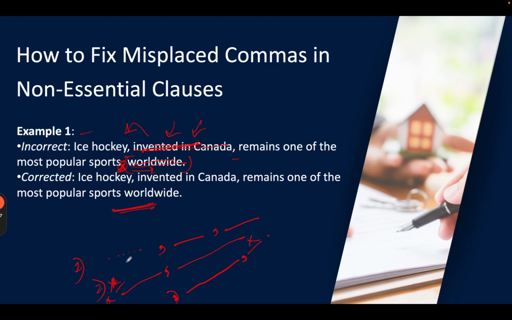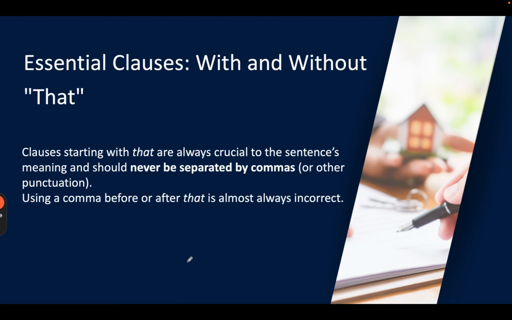If that non-essential bit is at the start, it will obviously not be starting with a comma. It has to start with a capital letter, end with a comma. If that non-essential part is at the end of the sentence, it will start with a comma, but it will have to end with a period, right? So remember, this is something that you will find in the examples that you take up for this particular topic.